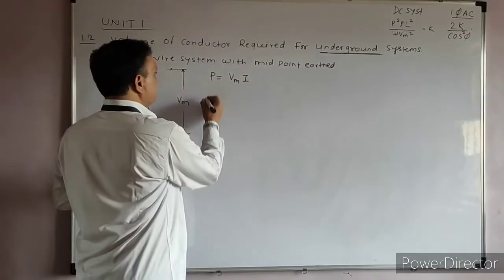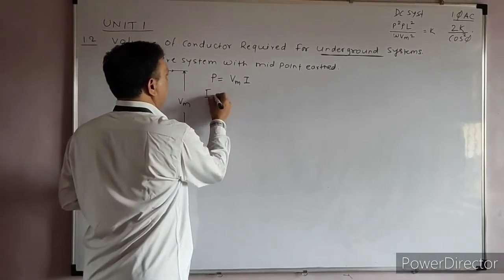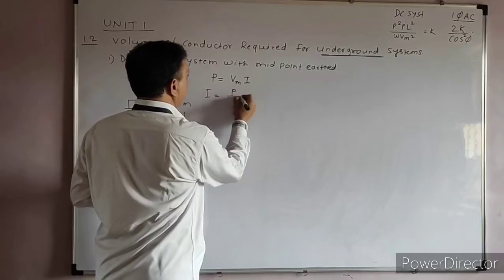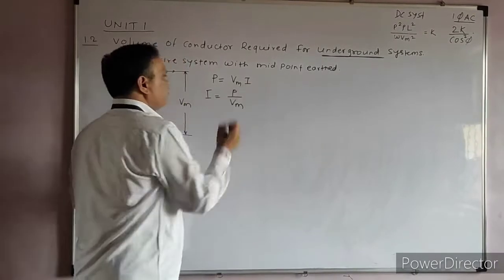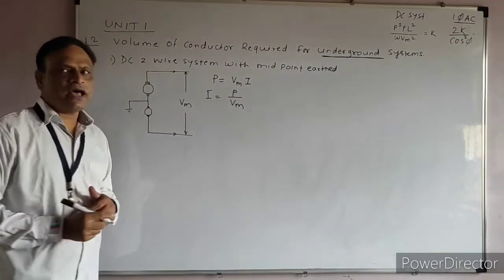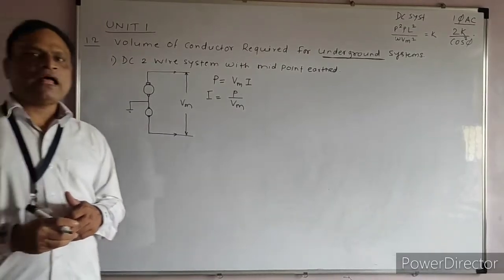From this our next step was to calculate the value of I, and I will be equal to P upon Vm. Now from this we are going to jot down the line loss.